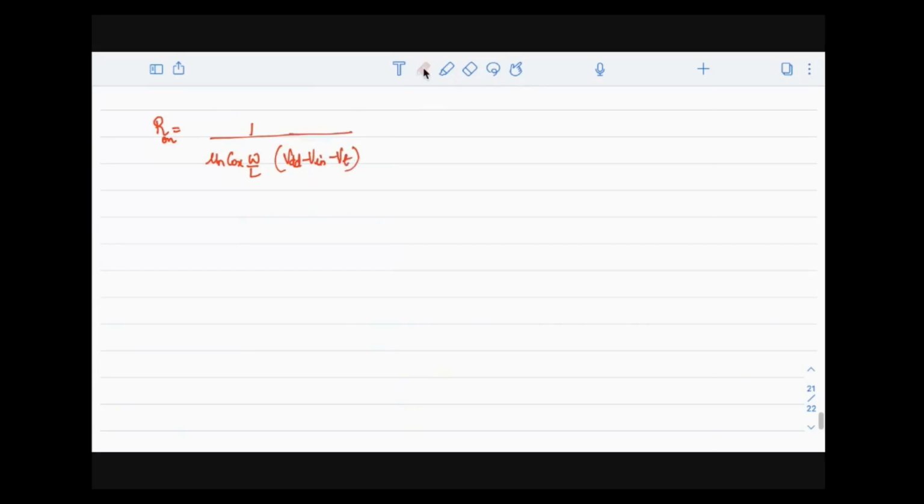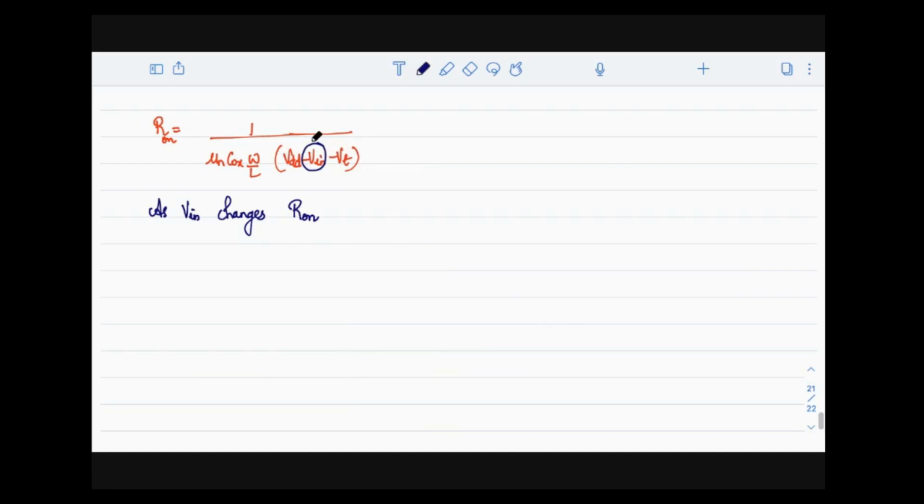Now, another thing we can notice here is, as Vin changes, what will happen to R on? Vin is in the denominator term, and when Vin changes, R on will definitely vary.